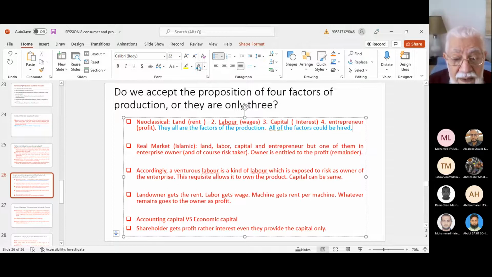So if you take the entrepreneur, the entrepreneur and the provider of financial capital together own the project. The entrepreneur, along with the provider of financial capital, they own the project, and by virtue of owning the project, they deserve the profit, the remainder.